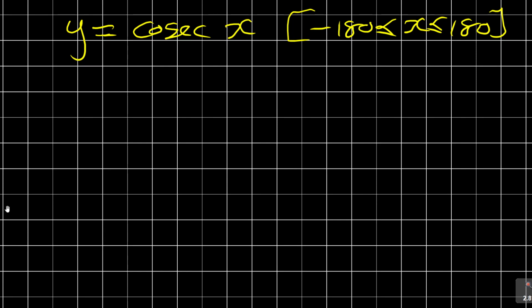I hope you guys can see this. So if I can do this, we can just draw like this. Okay, let me use something different. It will still be clear. Let me draw this graph like this.